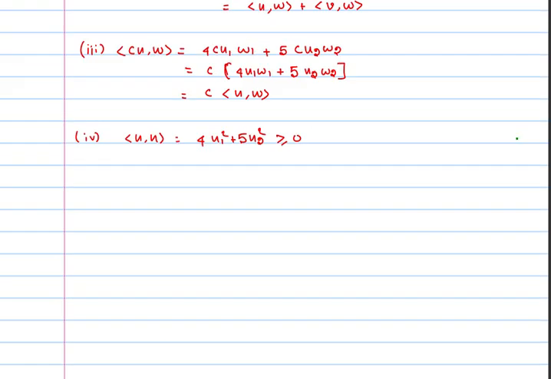Now we see another example. The last two examples are defined on the Euclidean space. Now we are going for a non-Euclidean space. Example 3. Let V equal to the set of all continuous functions defined on 0, 1, a vector space.